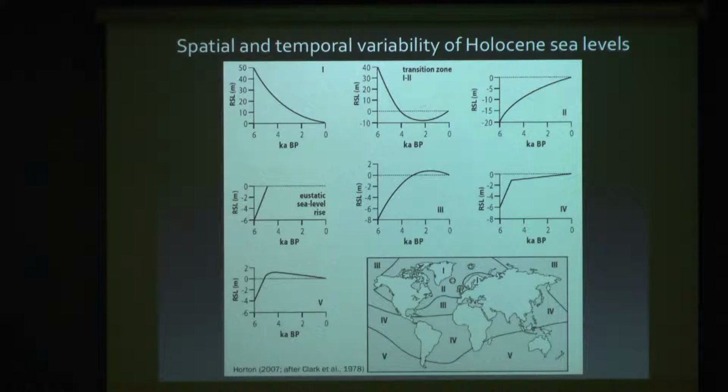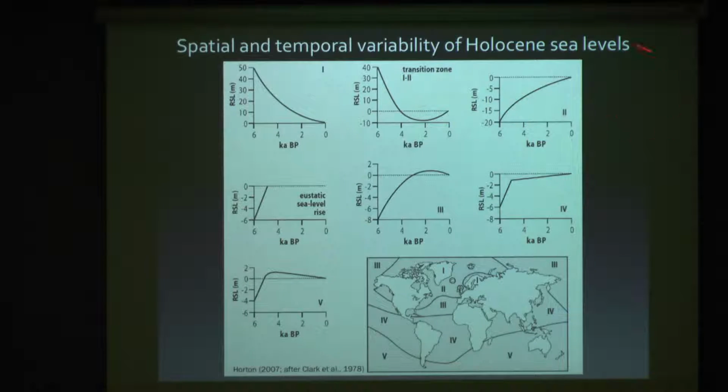These are locations that were positioned under former ice sheets, and their relative sea level histories in the Holocene are characterized by a fall to present. This is because the weight of the ice sheet displaced the land below it and pressed it down. As these ice sheets melted, you have isostatic rebound of the land and a rise in land level, and so a fall in relative sea level.